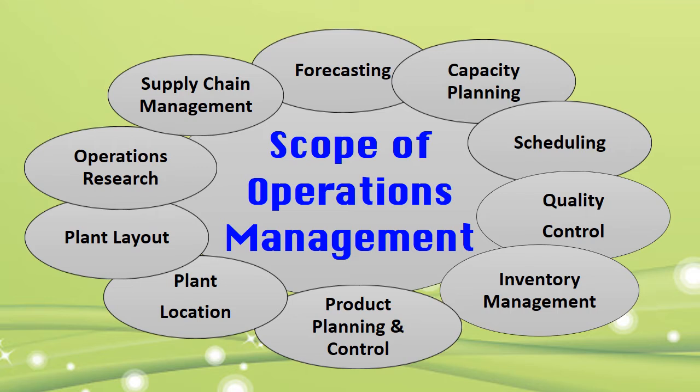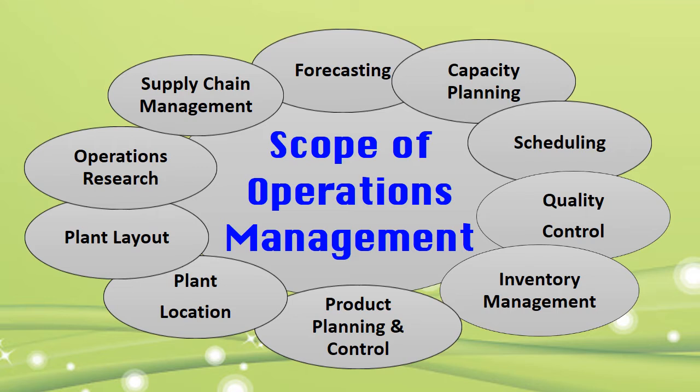Second is capacity planning. Capacity is also an important issue for manufacturing as well as service organizations. It means the maximum production rate of an organization, and it is related to the demand for a particular product.